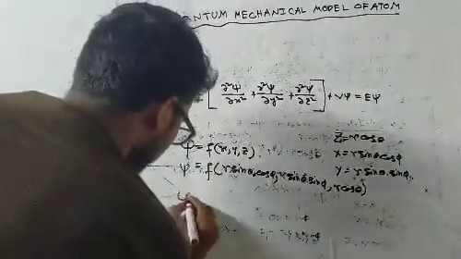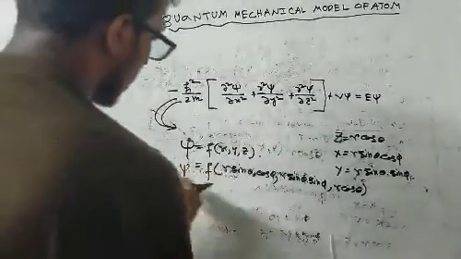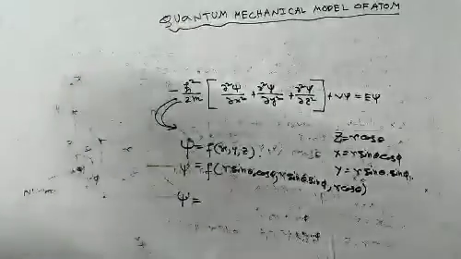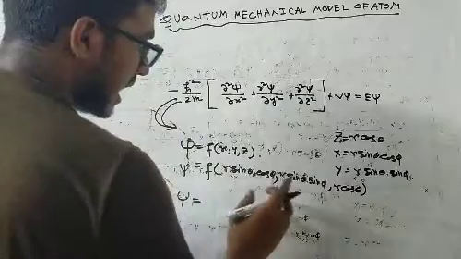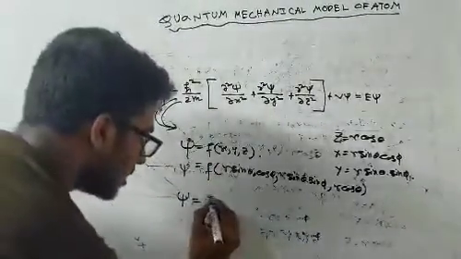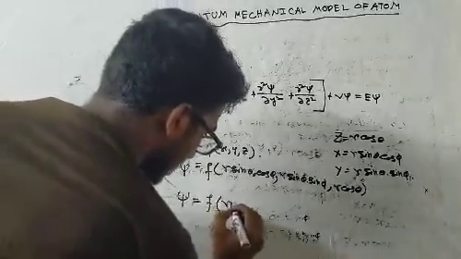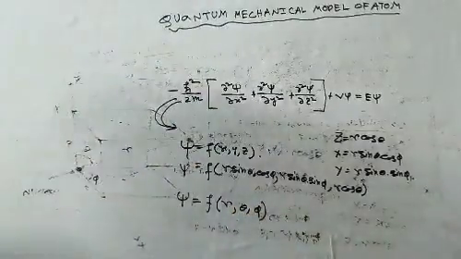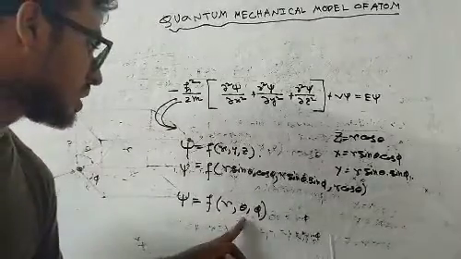I can write this psi in this form, and also in a shorter form, which means psi is a function of r, theta and phi. Now I will write this as psi of r, theta, phi.